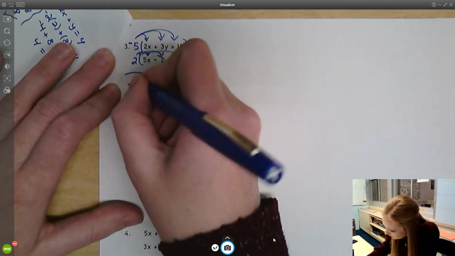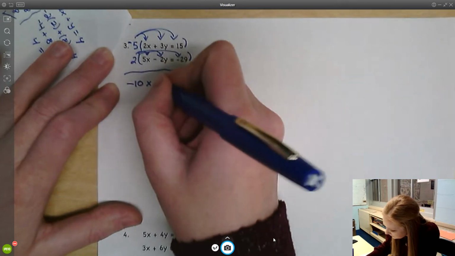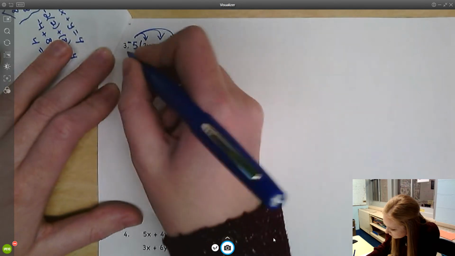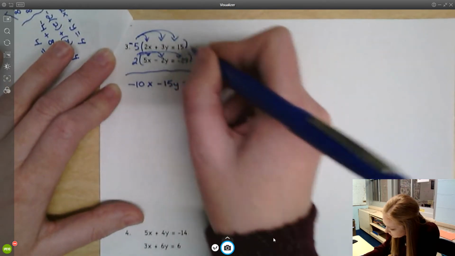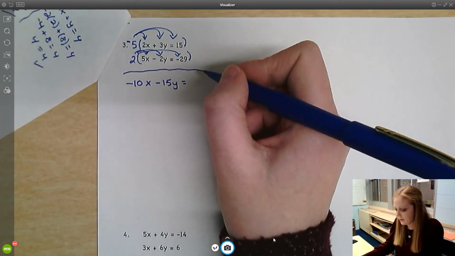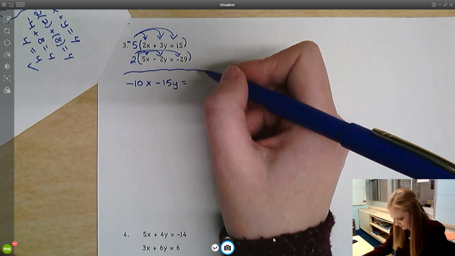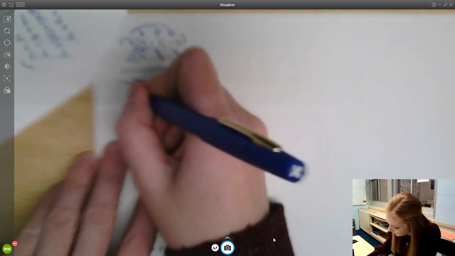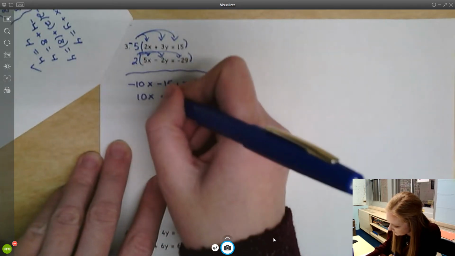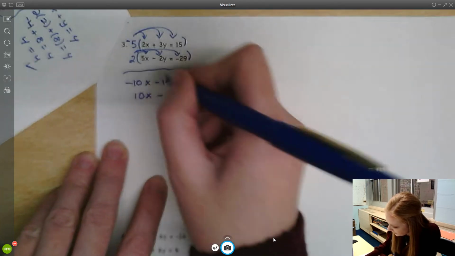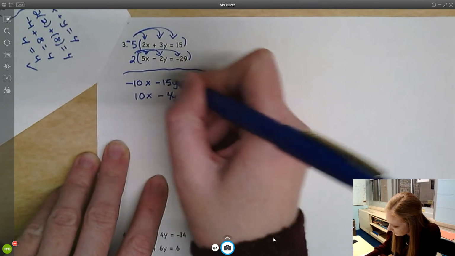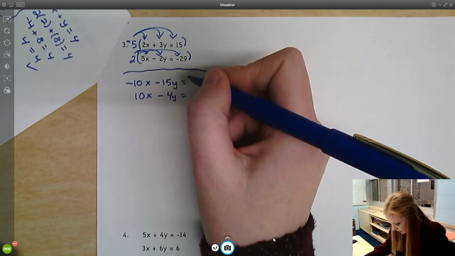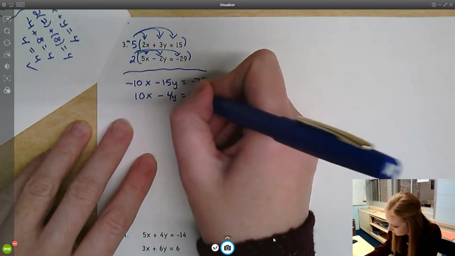Our new equation up top is going to be negative 10x minus 15y equals, let's see, 15 times negative 5, negative 75. And our second equation is going to be 2 times 5x is 10x, 2 times negative 2y is negative 4y, and 2 times negative 29 is negative 58.